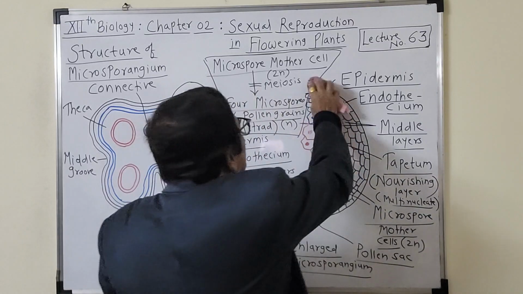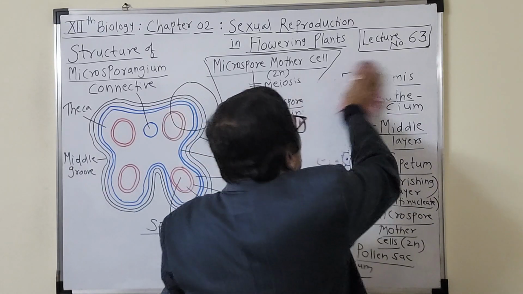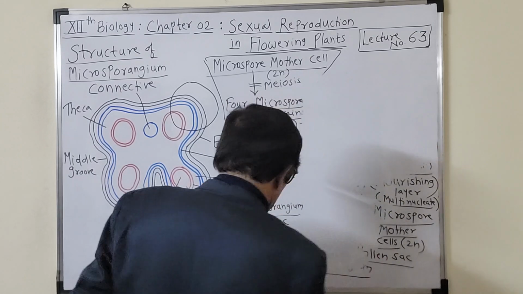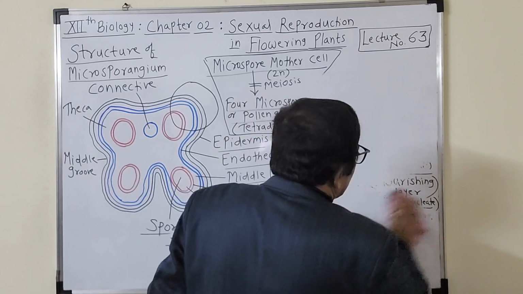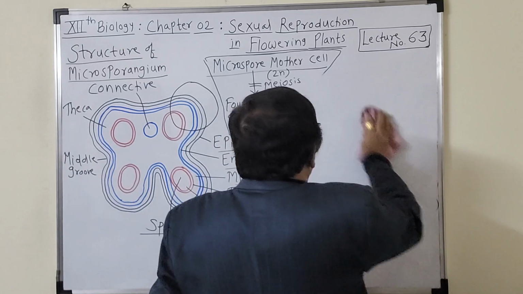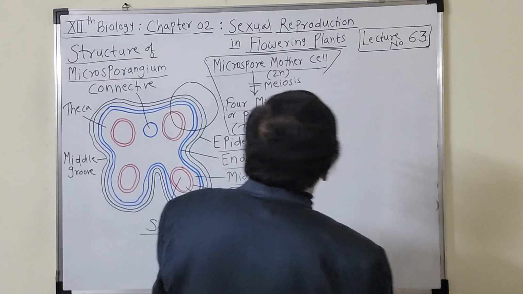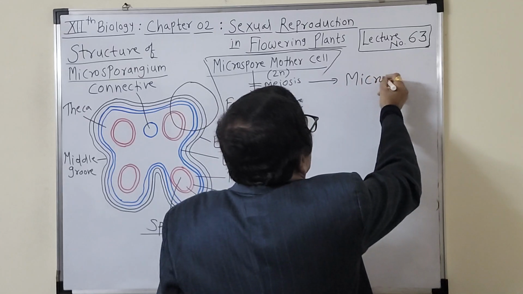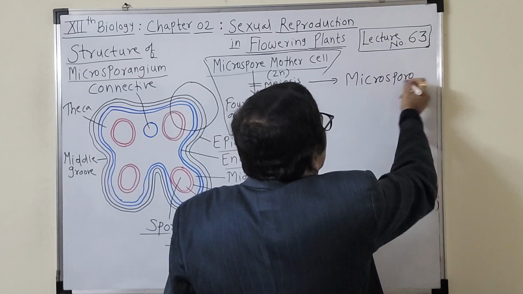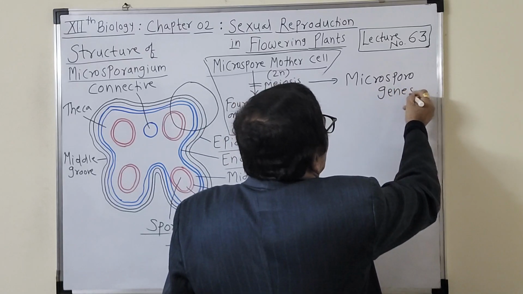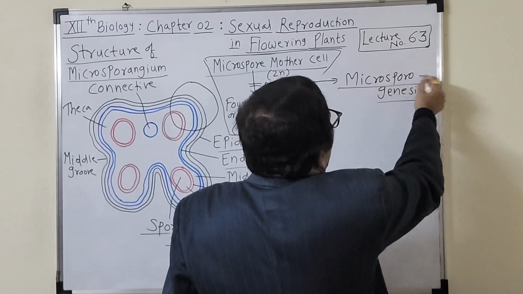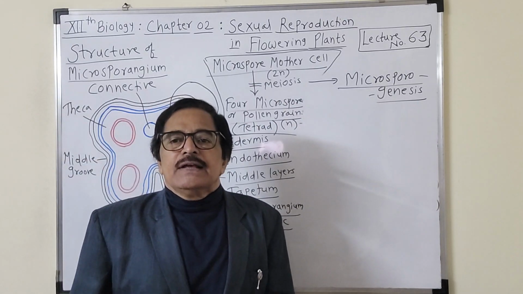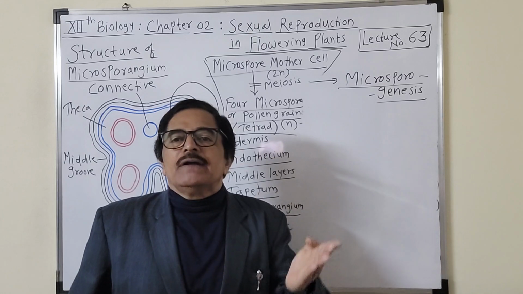That process is one of the very important processes, and it is known as microsporogenesis. By microsporogenesis, the diploid microspore mother cell is converted into haploid microspores.